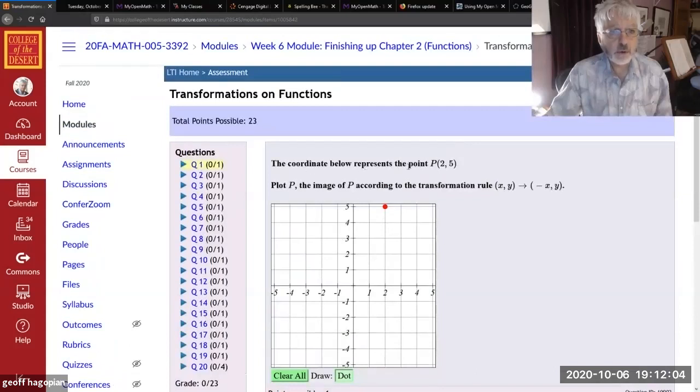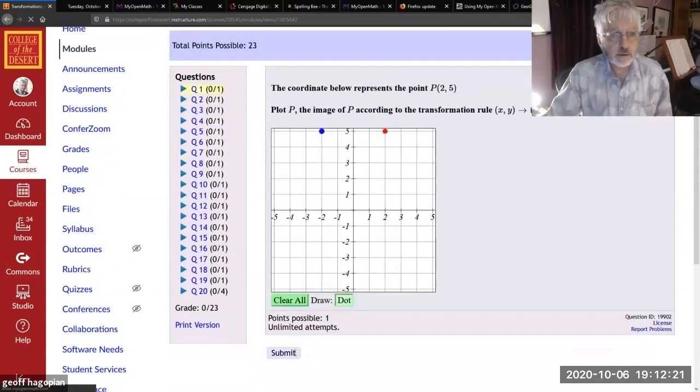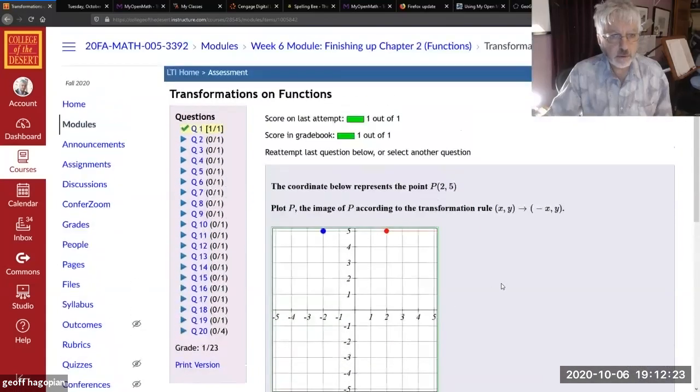The coordinate below represents the point 2, 5. Plot P, the image of P according to the transformation rule, X gets mapped to negative X. That would be this point on the opposite side. You draw a dot, you submit that. Oh yeah, I got the first one right. Tomorrow we'll start talking about these transformations.